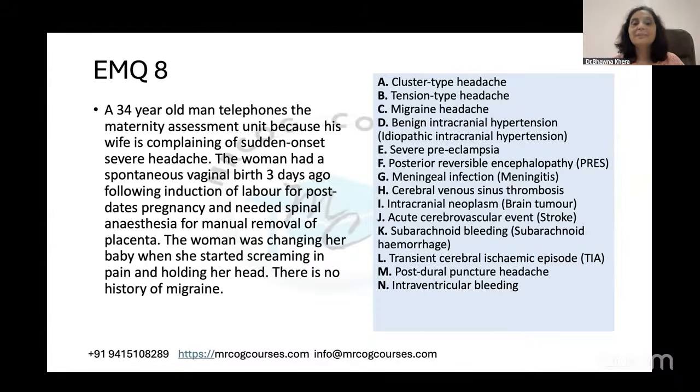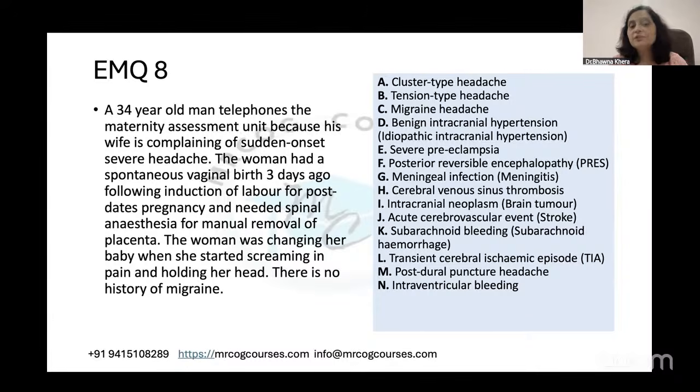So this is subarachnoid bleeding, the sudden onset severe headache. You remember the keyword thunderclap, right? A woman was changing and suddenly she screamed and held her head with the pain. That is the keyword for subarachnoid bleeding.